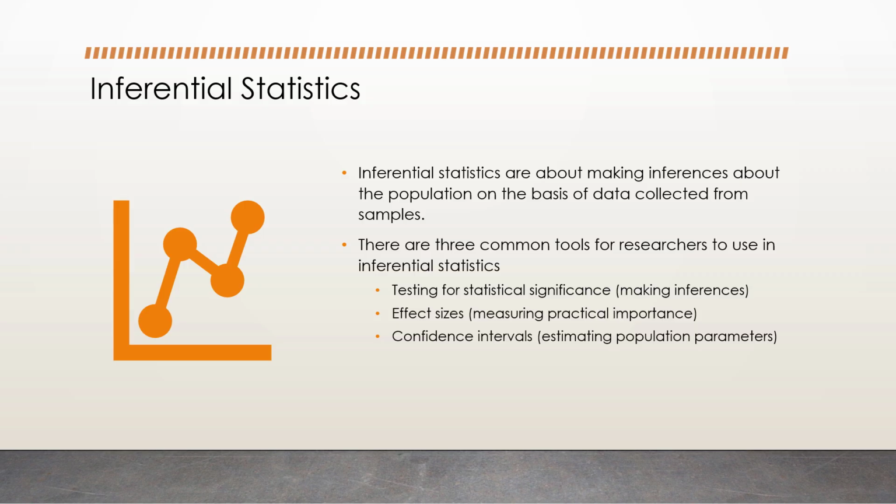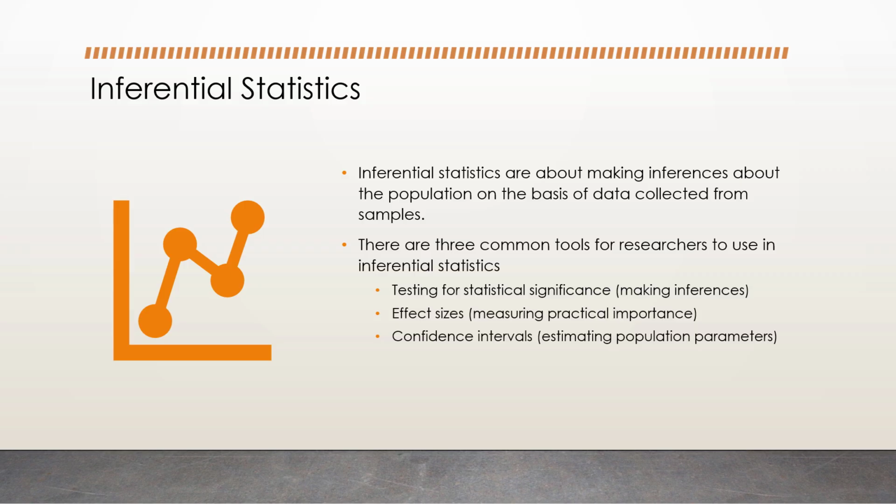A quick recap. Inferential statistics are about making inferences about a population based on data from samples. The three major tools are hypothesis testing, effect size, and confidence intervals. Hypothesis testing lets us test for statistical significance.